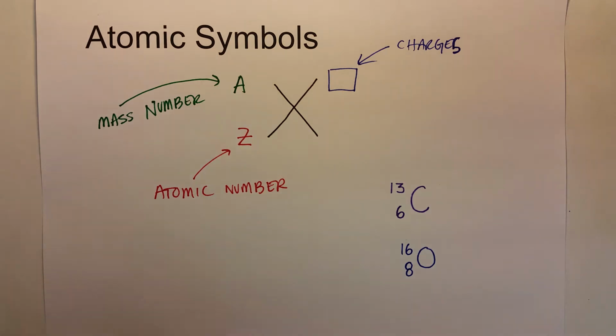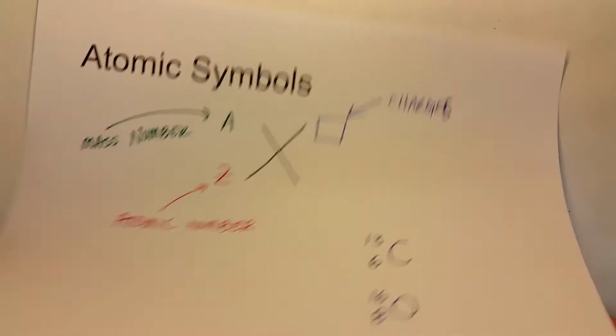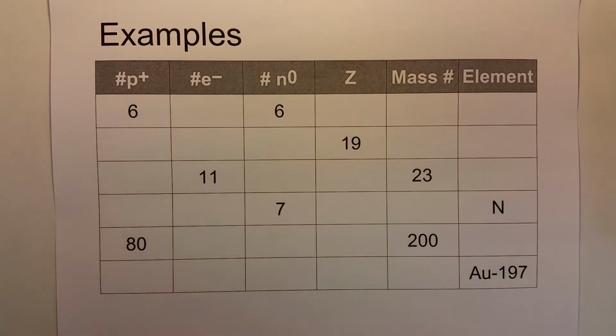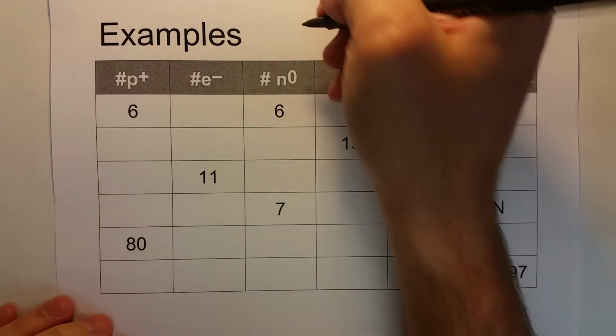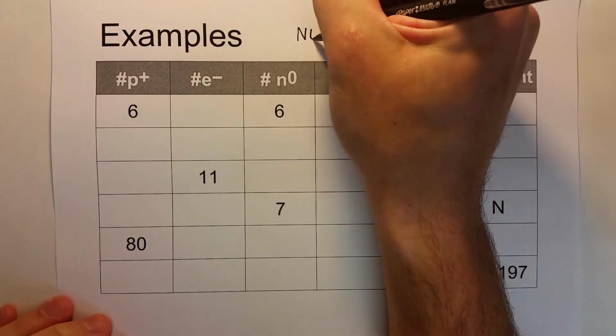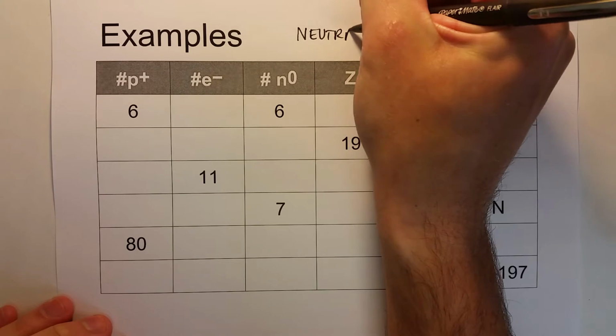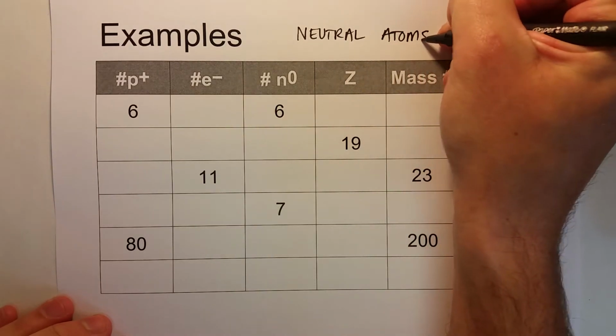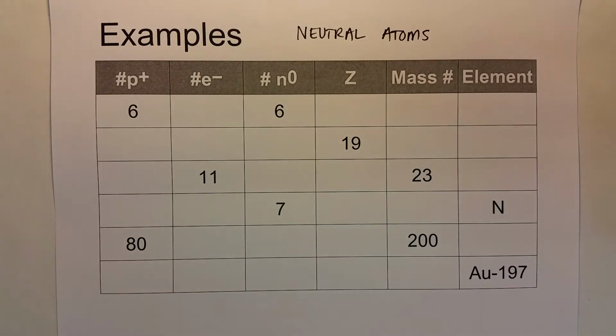All right, so let's work on a few more examples of elements, number of protons and electrons. Let's start working on this table we have here. For these examples, we're going to assume that these are neutral atoms. What that means is that if it's neutral, the atom has the exact same number of protons in its nucleus and electrons surrounding it.